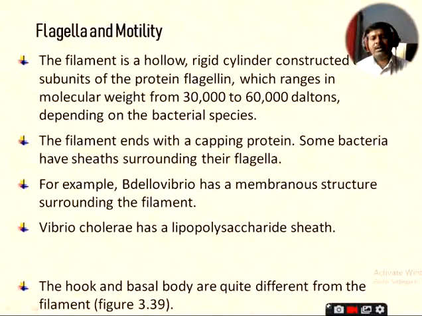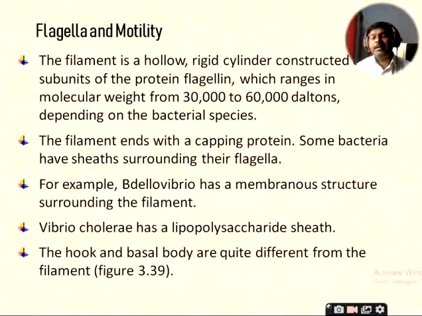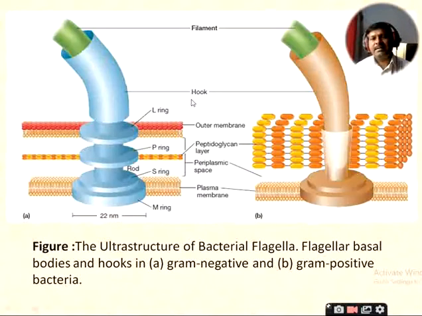The hook and basal body are quite different from the filament. Here is the diagrammatic representation of the ultrastructure of bacterial flagella. Here is the plasma membrane, from which the flagellum originates. After the plasma membrane there is a periplasmic space, then a peptidoglycan layer, and then the outer membrane.